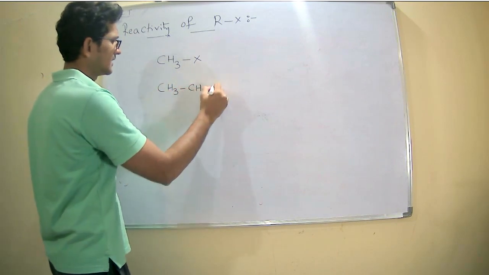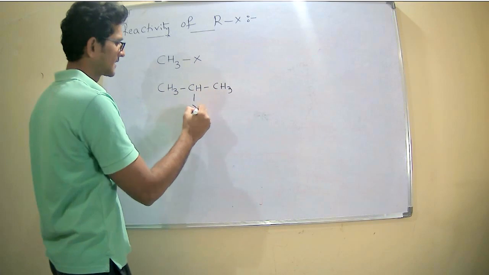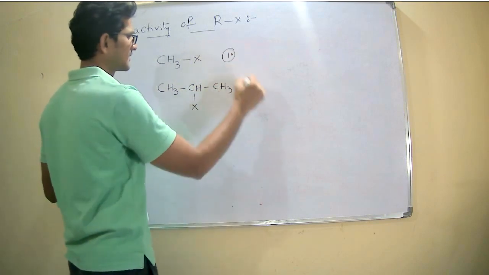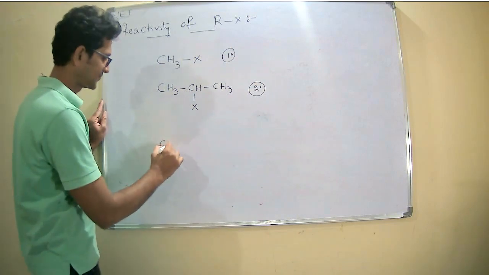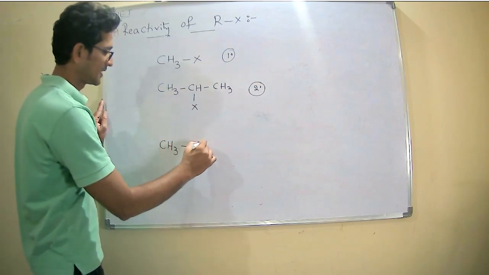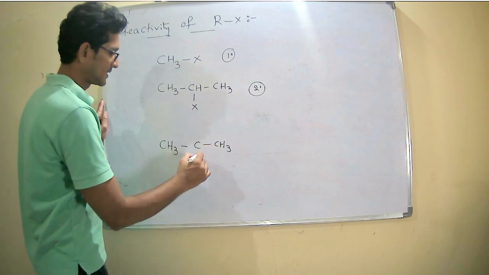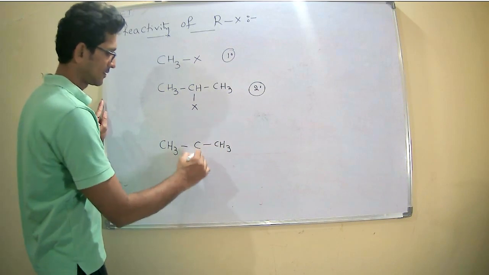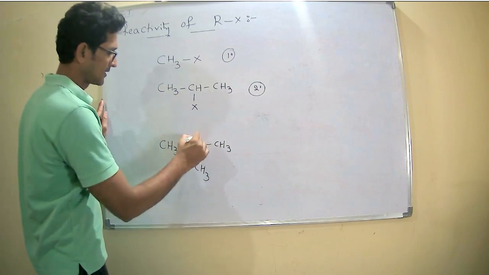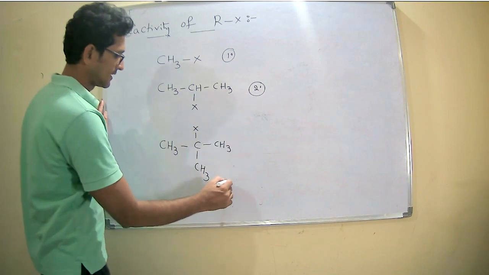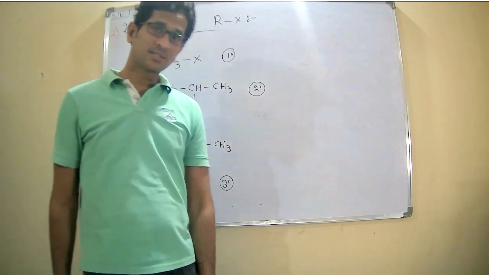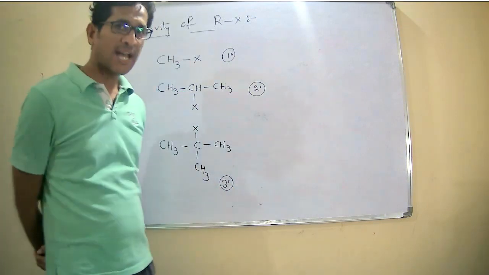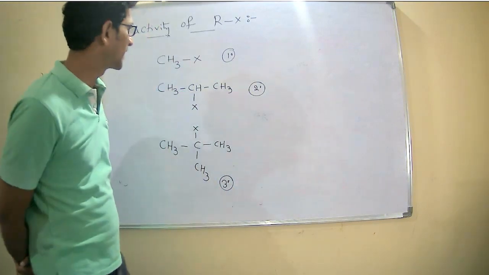CH3, CH, CH3X, secondary alkyl halide. CH3, C, CH3, CH3X, tertiary alkyl halide. So among all these three, which is more reactive?